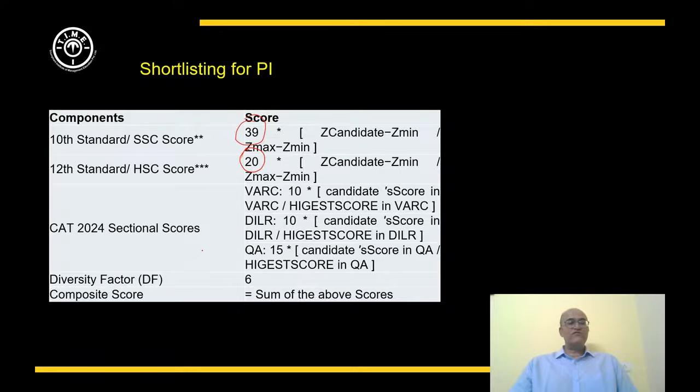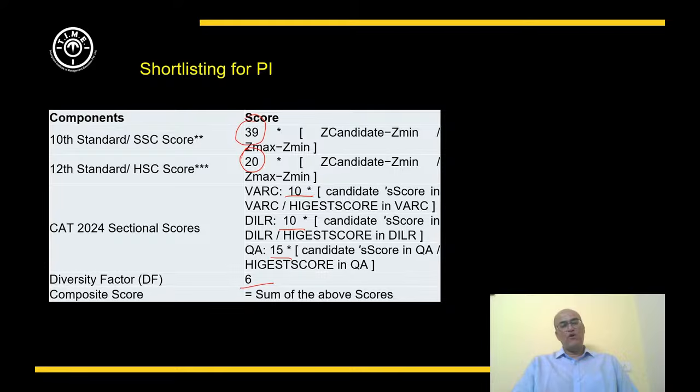As far as your CAT performance goes, last year they gave 10 weightage for your English performance, 10 weightage for DILR performance, and 15% weightage for your quant performance. And then 6% weightage was given to girls and transgenders.